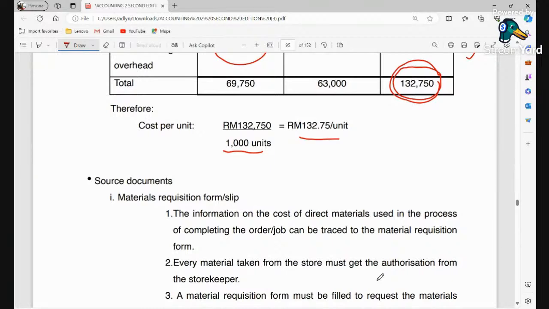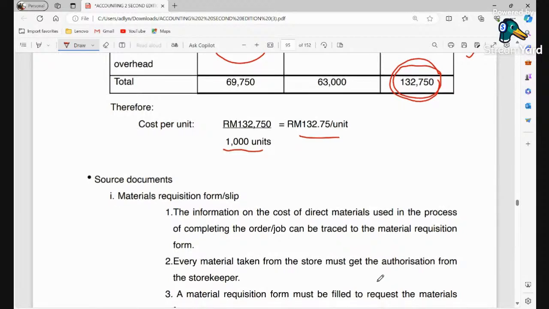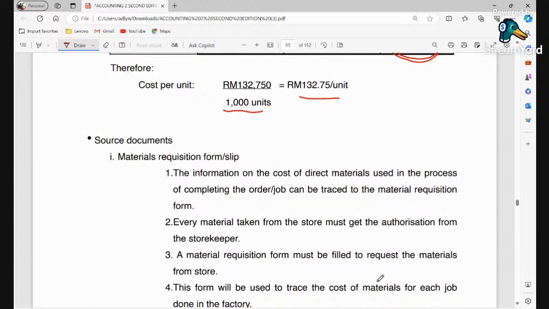Okay, so what are the source document used in job order costing? Okay, slip of the tongue. Alright, number 1. Okay, source document yang kita guna ialah material requisition form. Ataupun kadang-kadang kita panggil juga sebagai material requisition slip.